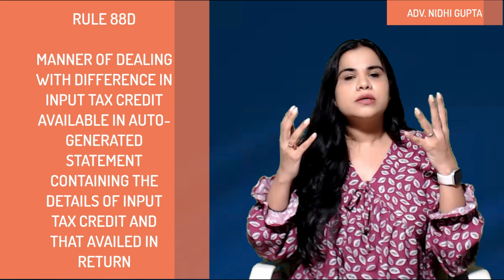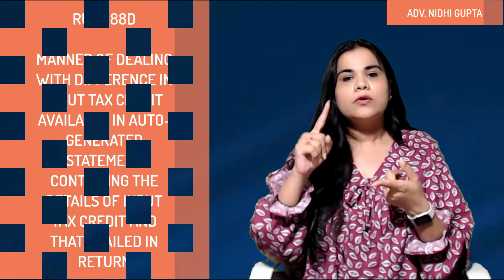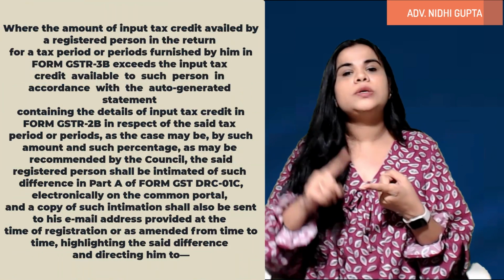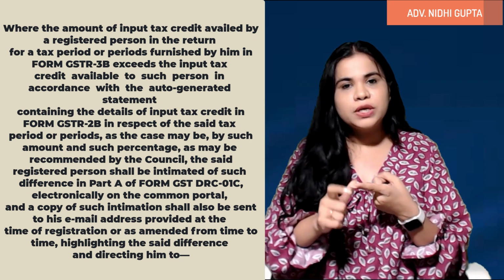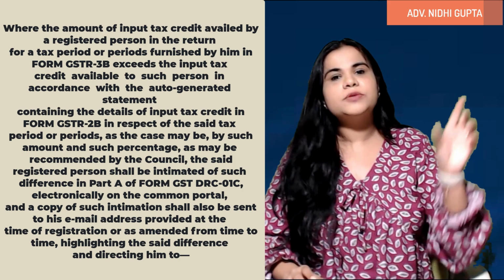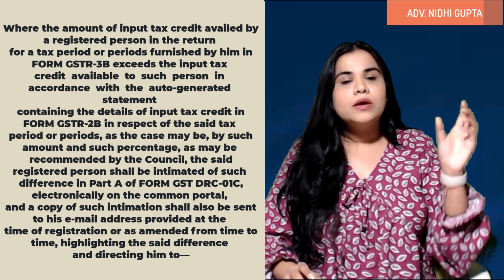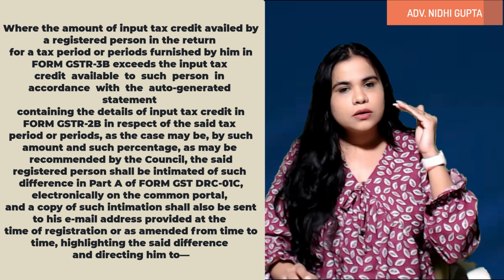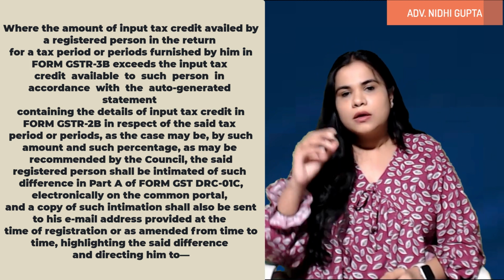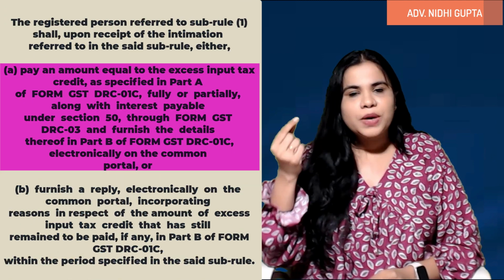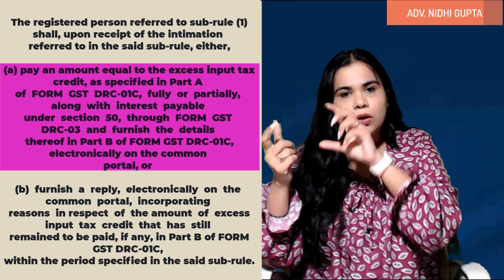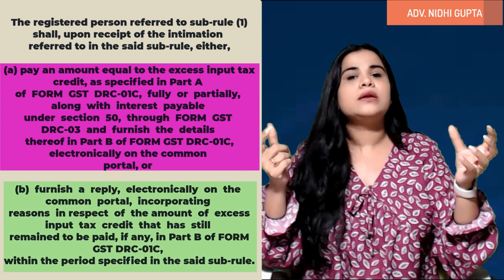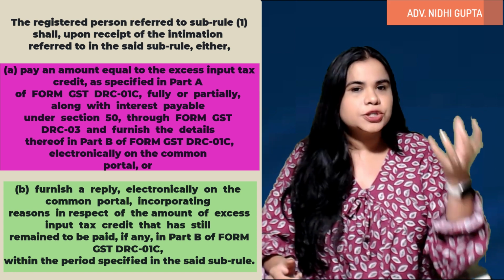Now coming back to Rule 88D, what does it actually talk about? It says that for 2B 3B difference over and above the threshold amount and for the specified period as recommended by the Council, a system generated intimation would be given. Now the recipient who has received this intimation has two options, either to pay the differential amount in total or partially, and explain or furnish the reasons for such differential amount.